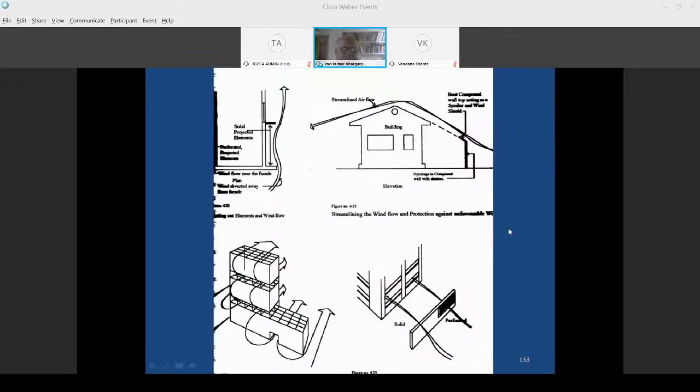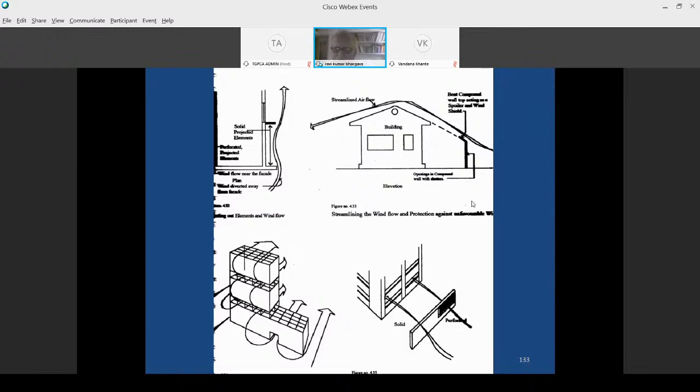Okay, so if you can see the right-hand side bottom sketch or diagram, it shows that a solid compound wall will lift the air movement and lift the air upward, depriving the ground floor. But if you have perforations in the compound wall in the form of grill or other form, that will be preferable.